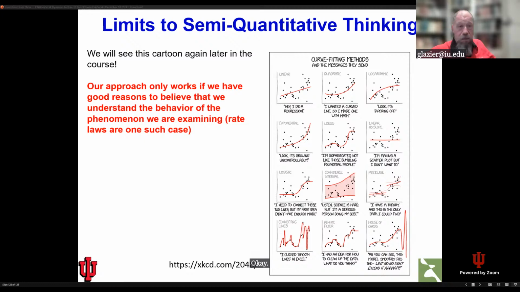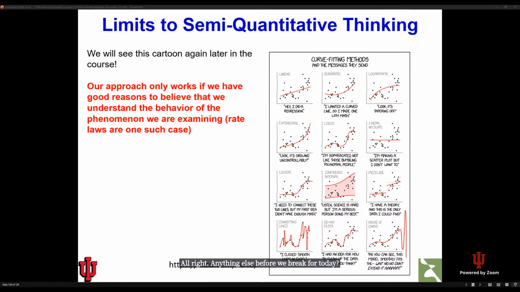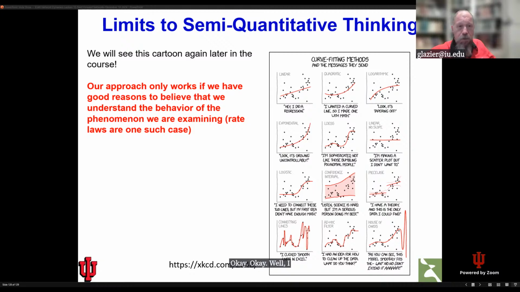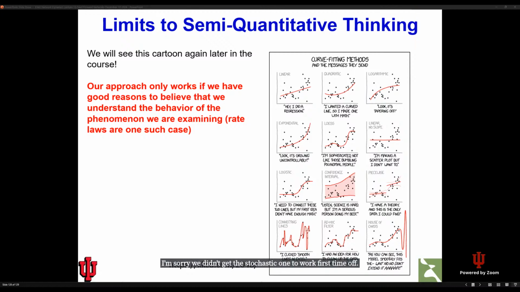All right. Anything else before we break for today? No. Okay. Well, I appreciate your patience. I'm sorry we didn't get the stochastic one to work first time off. I appreciate your patience with that.